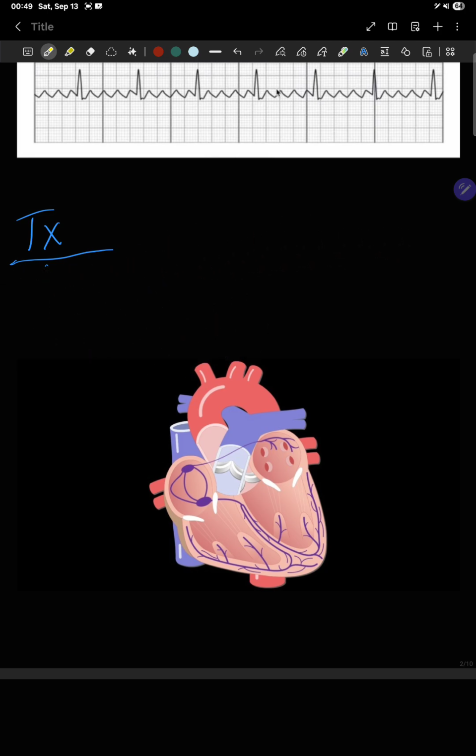Okay, so we want to do rate control. Now, we can also do cardioversion.